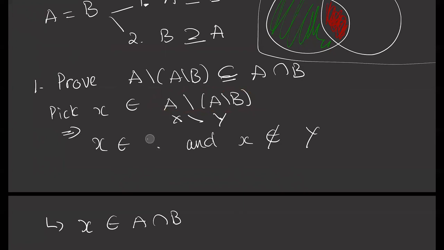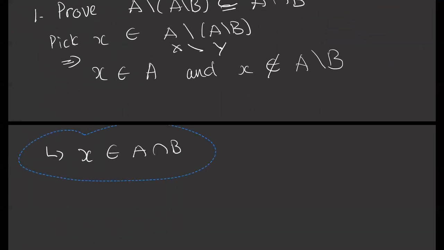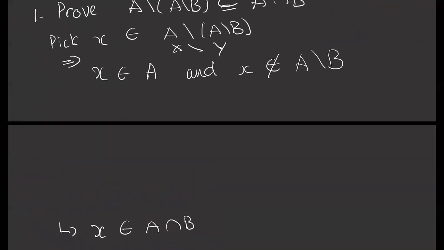Then you can substitute back the original values, which are A, and Y stands for A exclude B. So we put it in. We want to prove that X is in A and B, which means before this, we would have something like X is in A and X is in B, right?